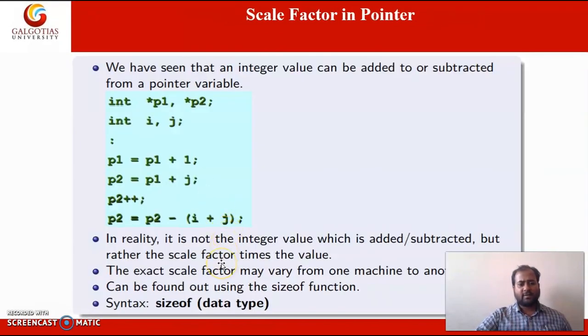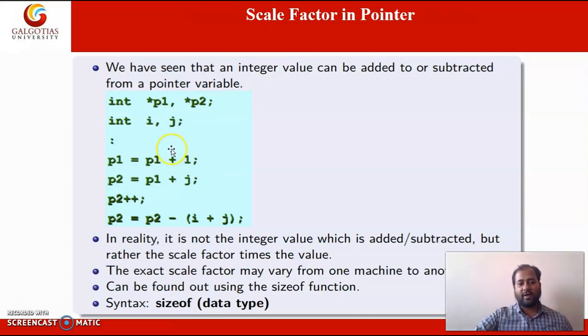Also, this is machine dependent. In some machines an integer takes 2 bytes, but in some machines it takes 4 bytes. So P1 equals P1 plus 1 increments the value of the pointer by 1 unit, meaning it will point to the next memory location.